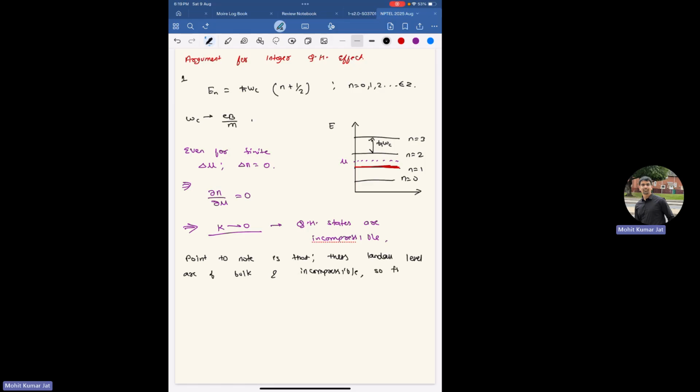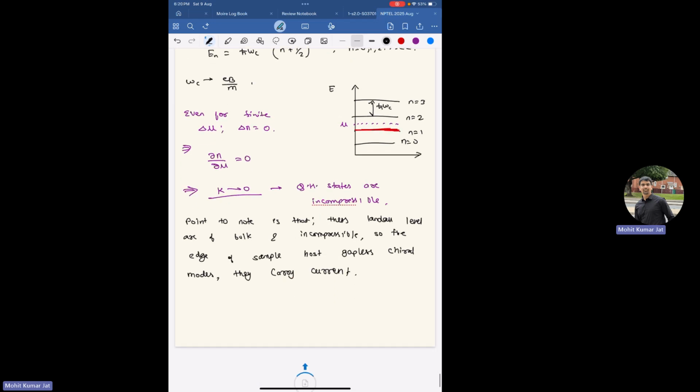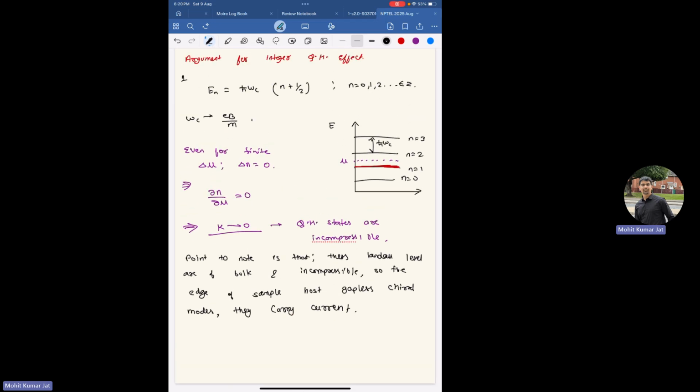So the edge of the sample hosts gapless chiral modes, what we call the edge states, and they carry current. So this incompressibility statement refers to the bulk.